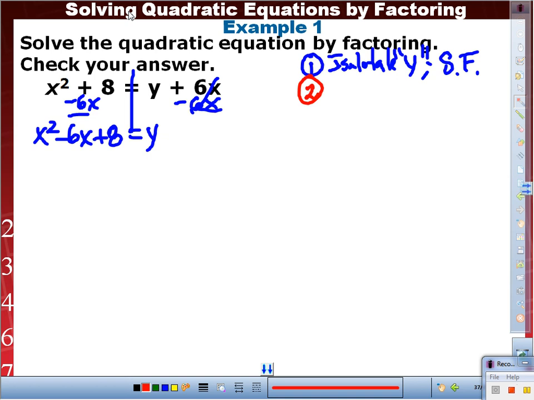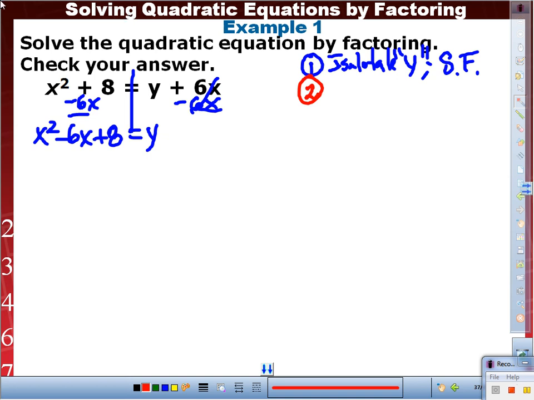Now, before writing anything down, if we plot the x-intercepts, what is the value of y for those intercepts? Tell your neighbor, what is the value of y when we have x-intercepts? That is correct.